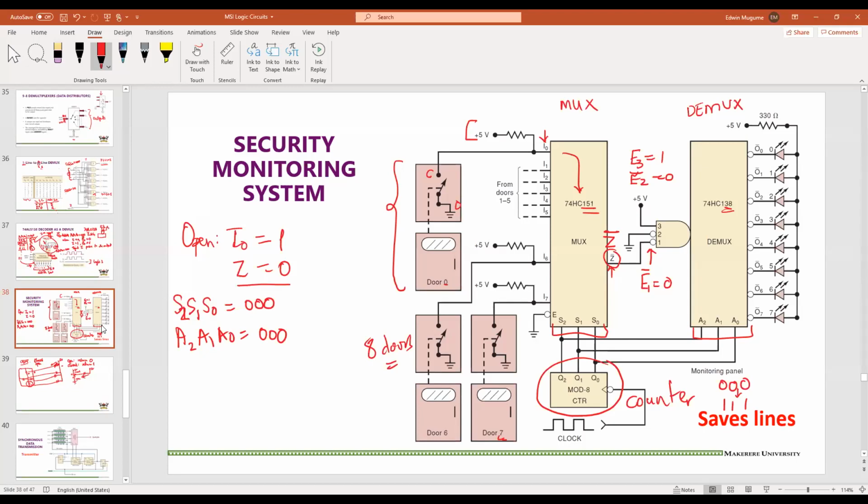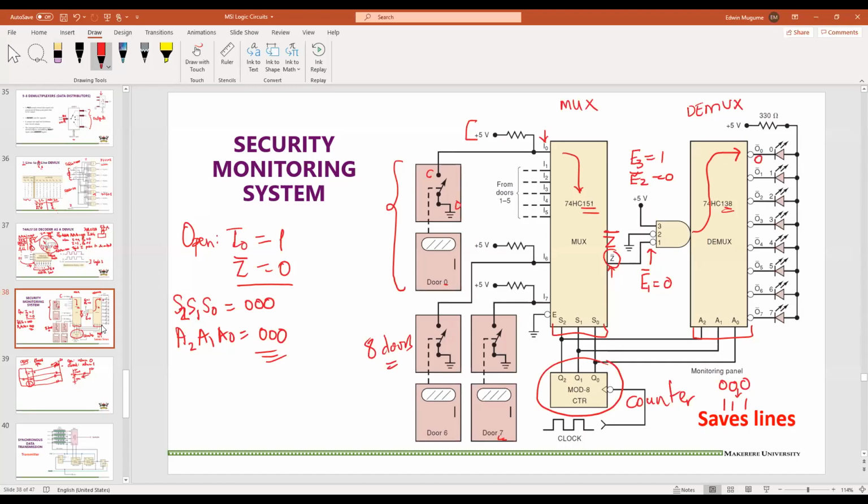Anyway, let's continue. We have seen that Z inverse will be 0 because the signal going in here is a 1, it comes here as a 0, and because it is a 0, this is enabled, and because it is enabled, and we are at 000, the selected output is that. Now, you can see that the output is active low, that means that it will produce a 0.